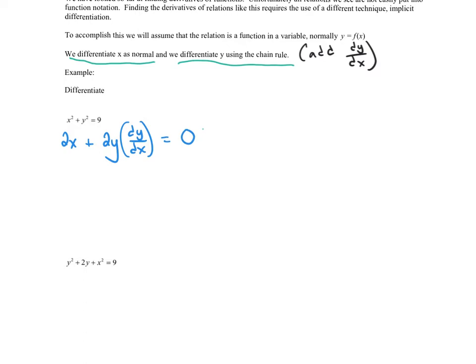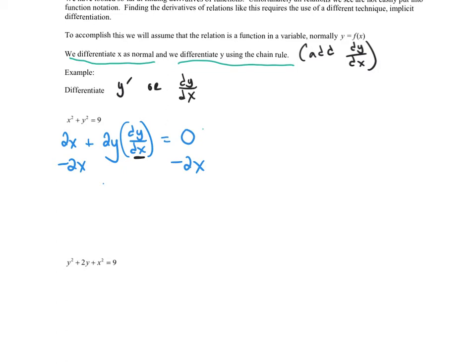Now the trick is we're trying to find dy/dx. When we differentiate, remember we're finding y prime or dy/dx. So we're really trying to find that dy/dx that we now have in the problem. We account for that by solving for it using algebra.